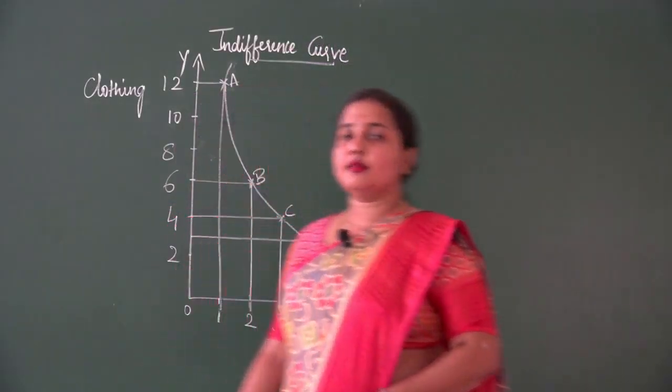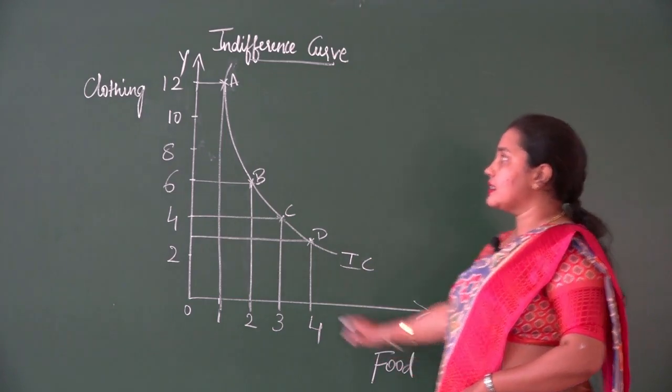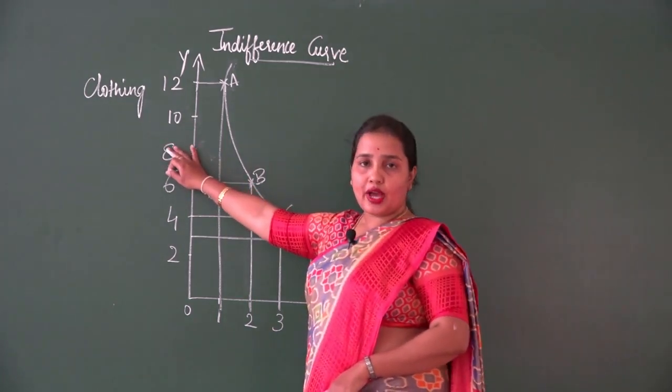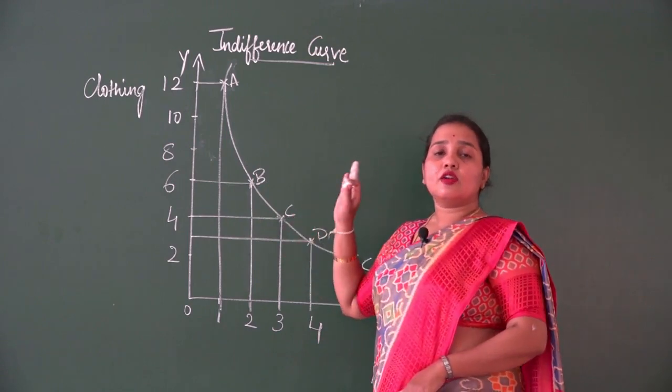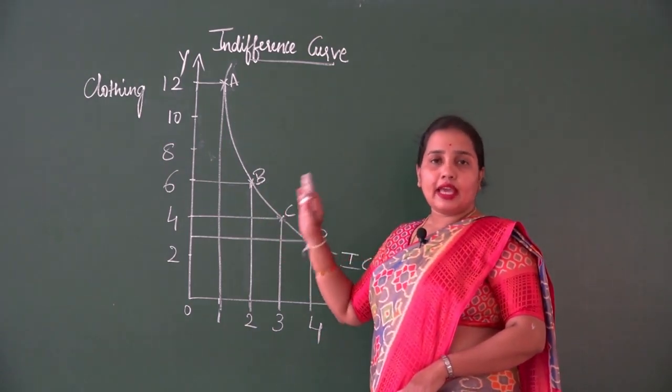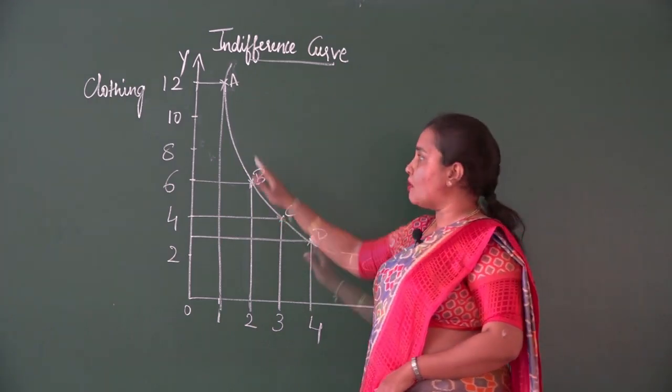In this diagram, we have taken food along the x-axis and clothing along the y-axis. We have to plot the combinations, A, B, C and D, which we have taken in the schedule, in the form of points.